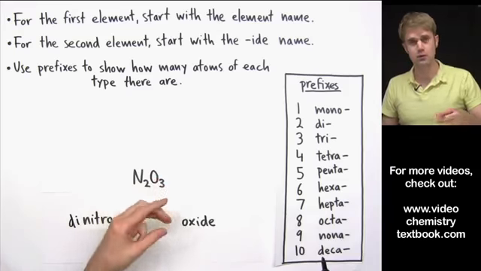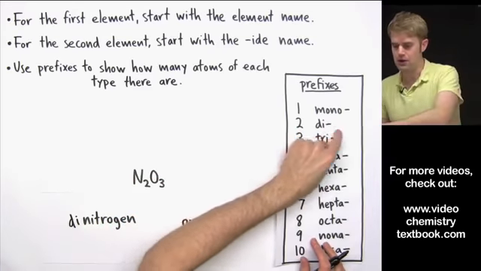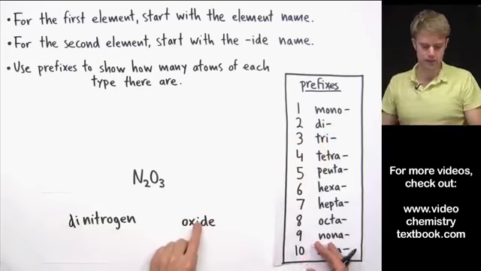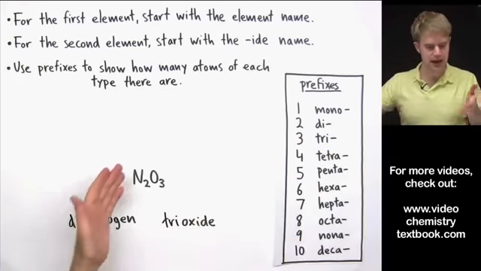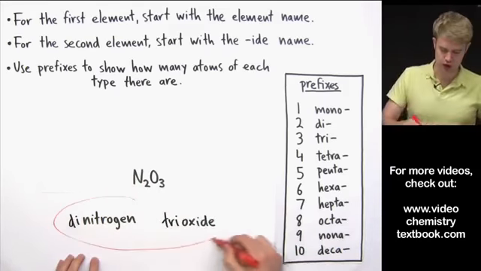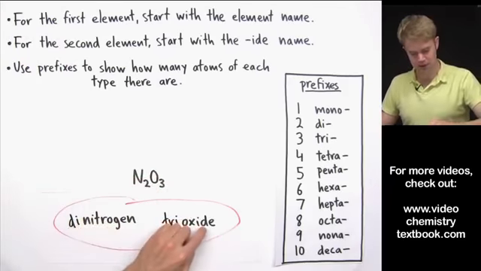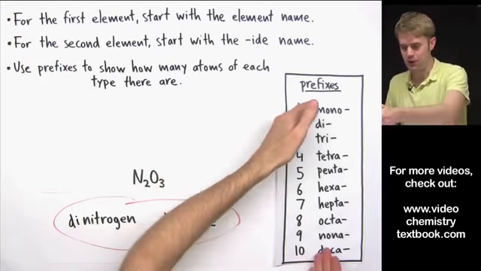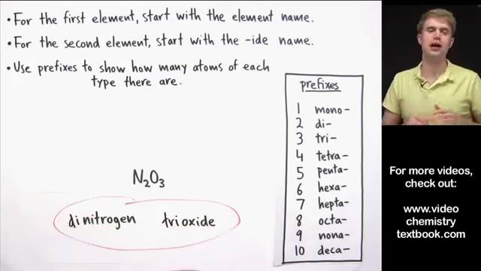Now O3 means that we have three oxygens, so I'm going to use the prefix tri and write that in front of oxide. And so the name for this compound is dinitrogen trioxide. We put the element name here, we put the IDE name here, and then we use the prefixes to indicate how many atoms of each type we had.